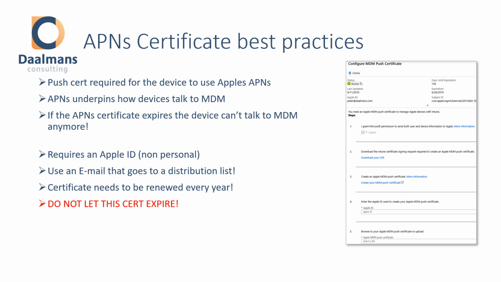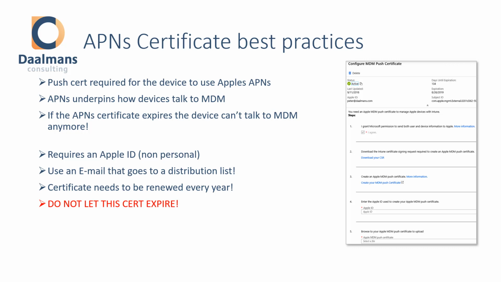Because in this example, I used a personal ID. But if I leave my own company, after a year the people still residing at the company need to renew the Apple push notification certificate, but they don't have access to your Apple ID. So they will contact you, and if you're kind enough, you can share your Apple ID with them.